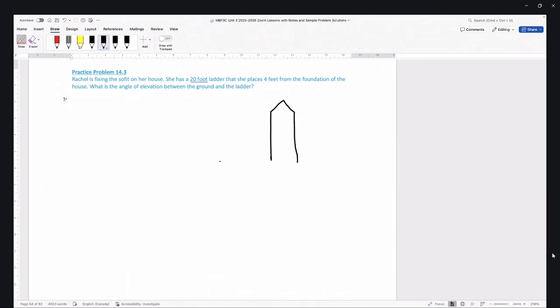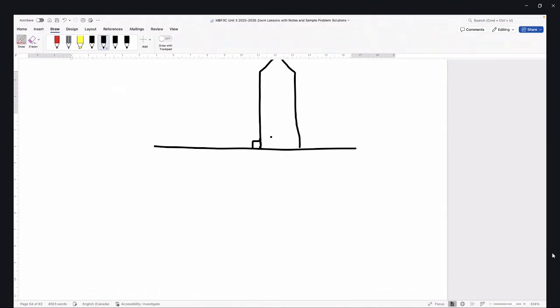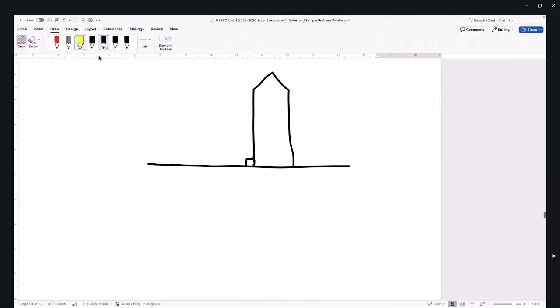There's the house, there's the ground. And of course, we're dealing with 90-degree angles here because these buildings are perpendicular to the ground. They have to be, if not, they would fall over. We don't want that to happen.